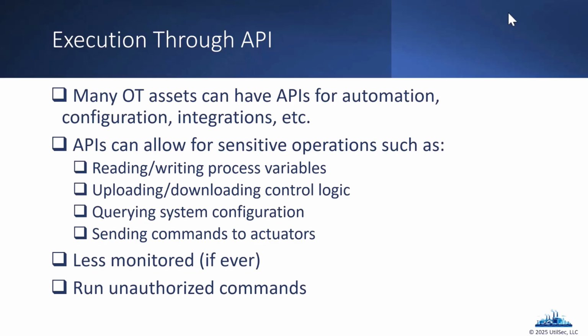Because what if an attacker can find an interface, and then they can use that to start making changes to a process? What if they were able to make changes to control logic? What if they're able to read information from a different system or from a controller? What if they're actually able to send commands to that controller to make changes out in the real world? That's what can happen. Again, that's why we need to be having these conversations.